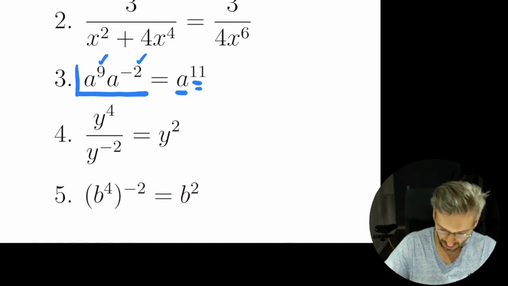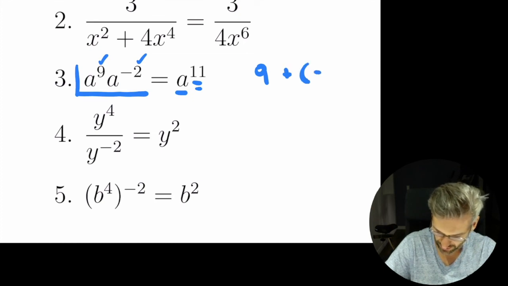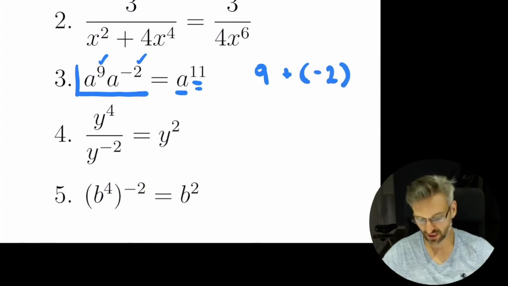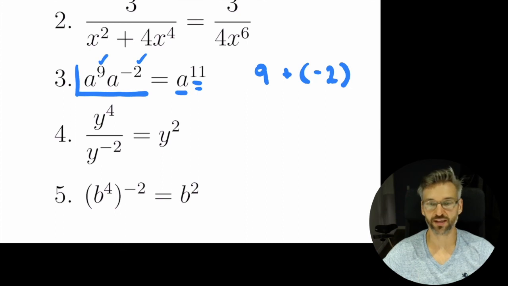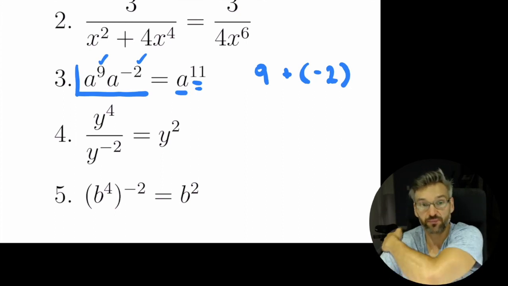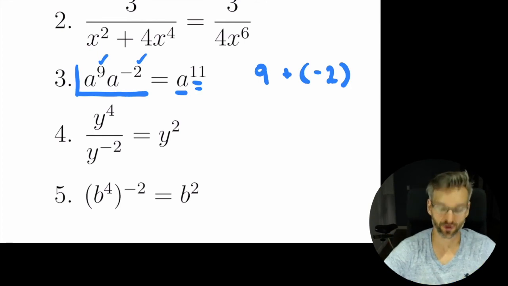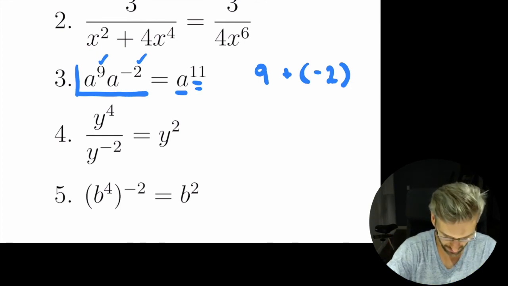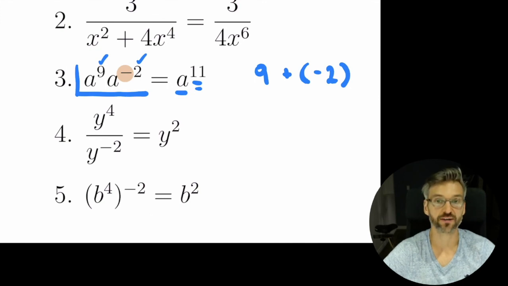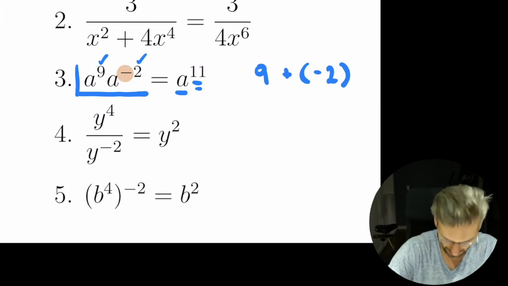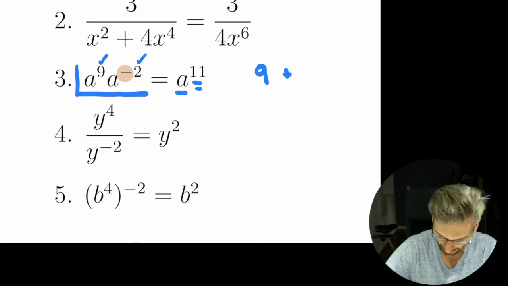Well, if you're going to use the exponent laws, 9 plus negative 2 does not come out to 11. It should actually come out to 7. So the answer would have been a to the 7. So that is an error, and sometimes people get caught because of that negative there. You are still adding them, but because it's a negative exponent, it's going to be subtracting. So that's question number 3.